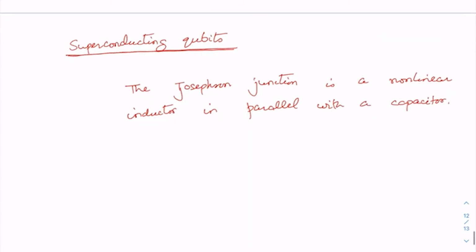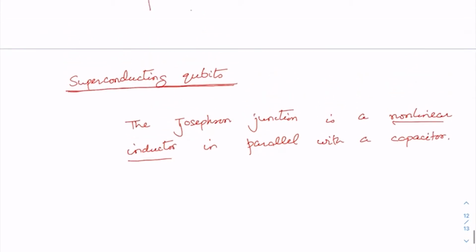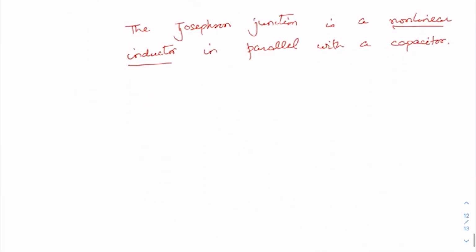The nonlinearity here actually means that the energy levels are not regularly spaced, because this Josephson junction is basically an LC oscillator, and you know the LC oscillator is a harmonic oscillator.